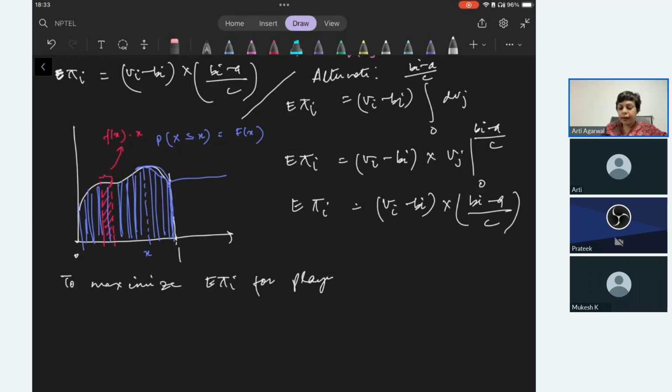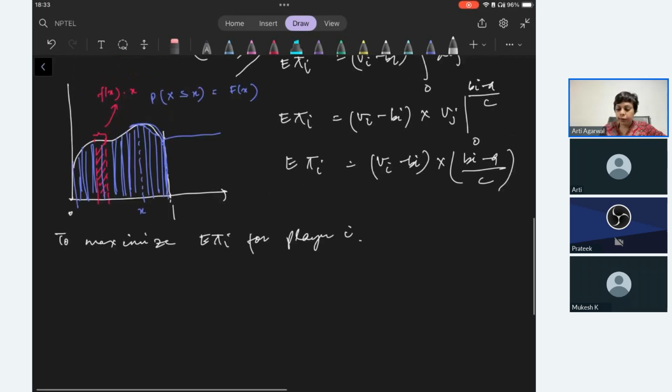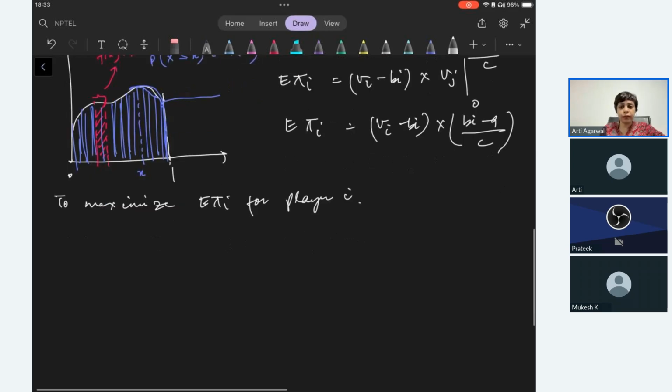For player I, everything else is varying except for BI. I'm choosing BI, BI is my strategy. VI is just a number. I know it, I can't exactly change VI. A and C are constants, and we have eliminated all the BJ, VJ variables.